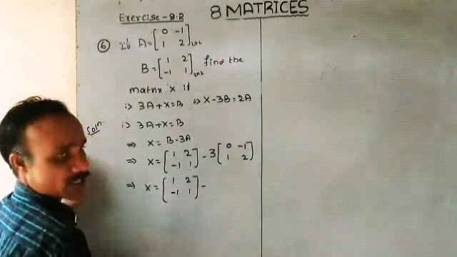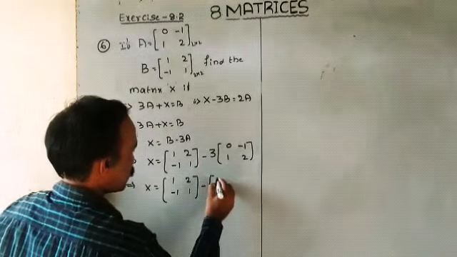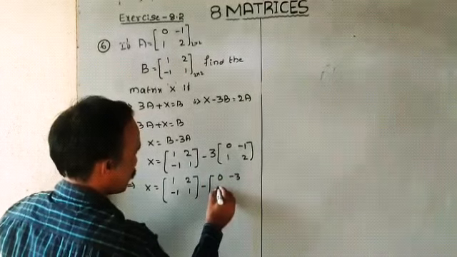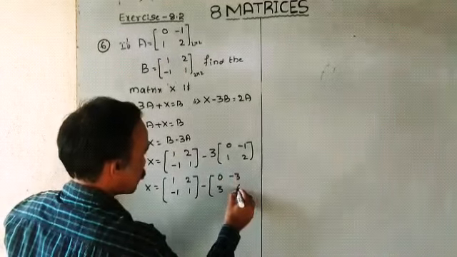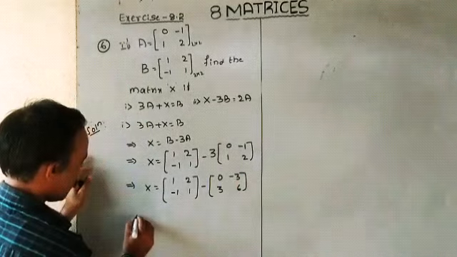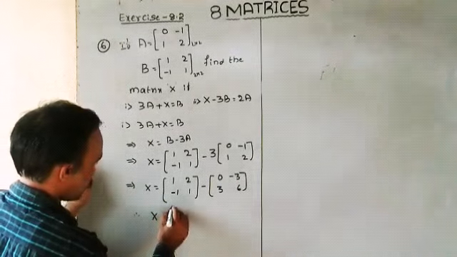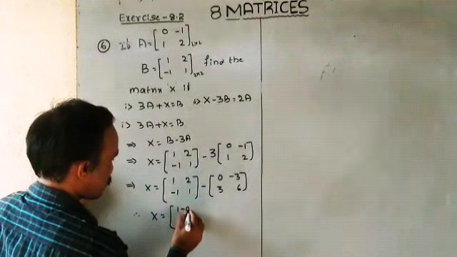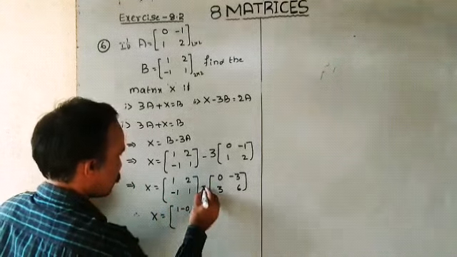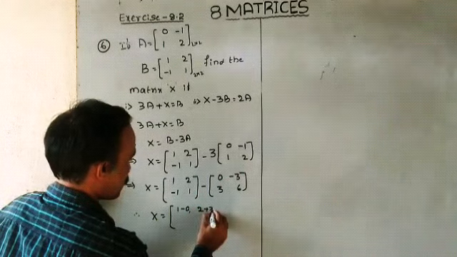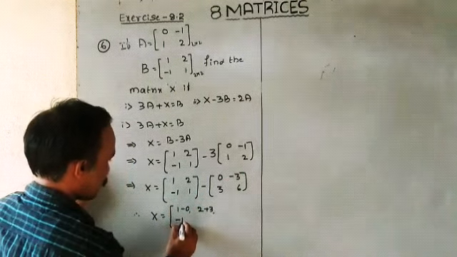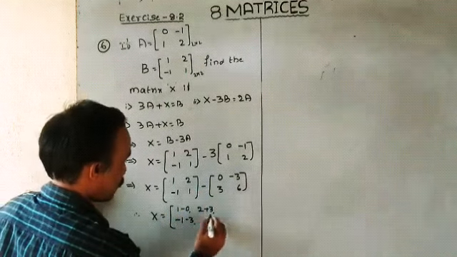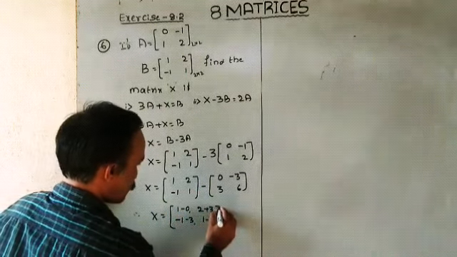Again, multiplication of a matrix by a scalar. So 3 into 0 is 0, 3 into minus 1 is minus 3, 3 into 1 is 3, 3 into 2 is 6. Therefore, X is equal to, last step, 1 minus 0, corresponding elements, 2 minus of minus 3, 2 plus 3, minus 1, corresponding elements, minus 3, comma, 1 minus 6.